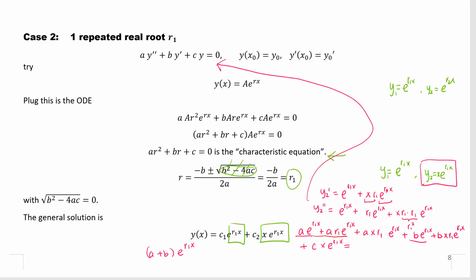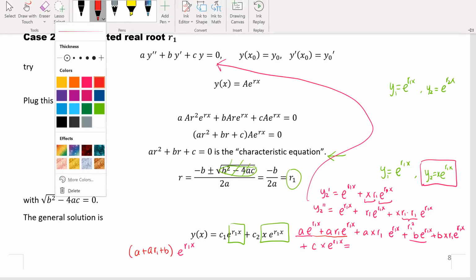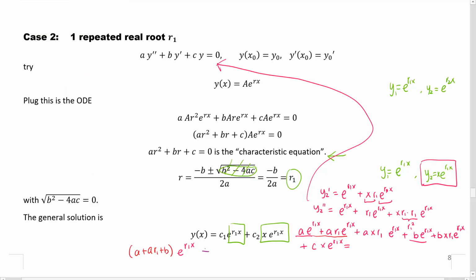So we have a, and we have a r1, and we have b. Plus, and then we can factor out x e to the r1x. What do we have?